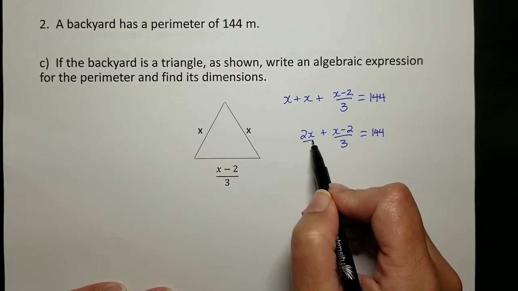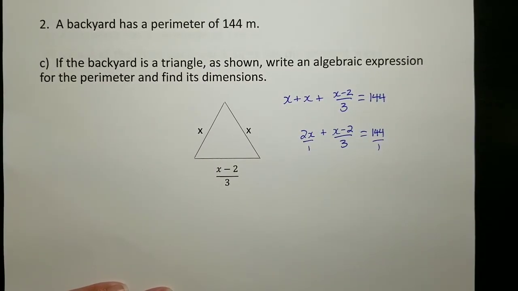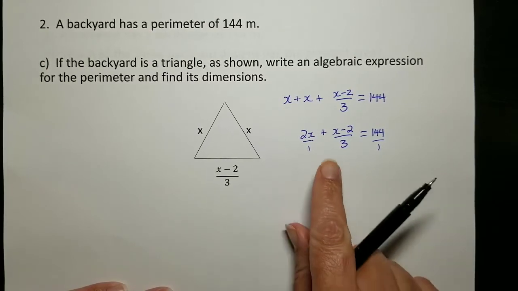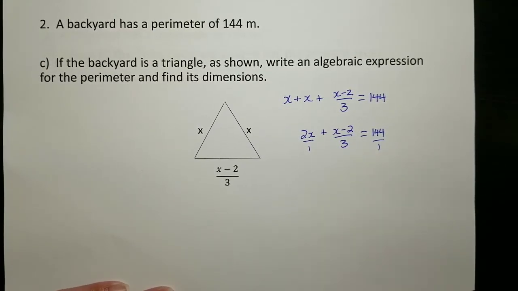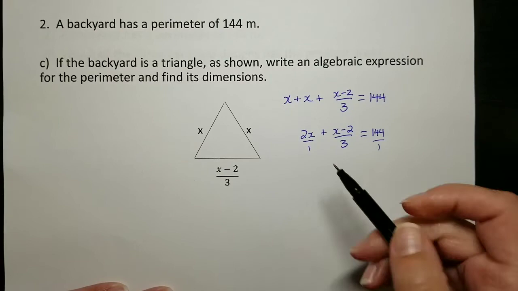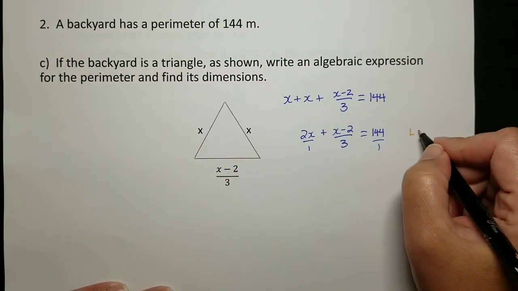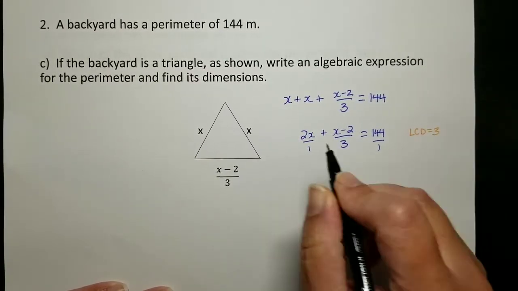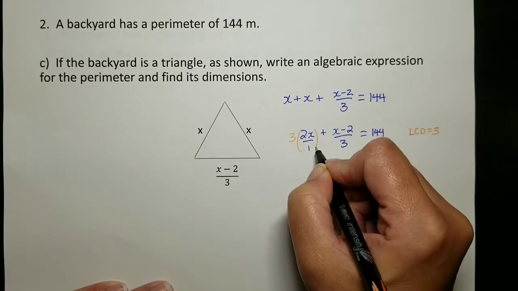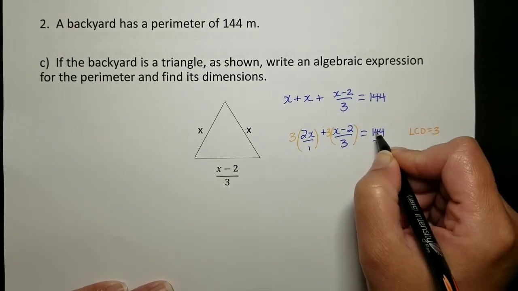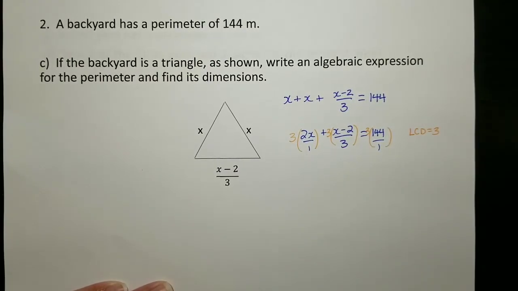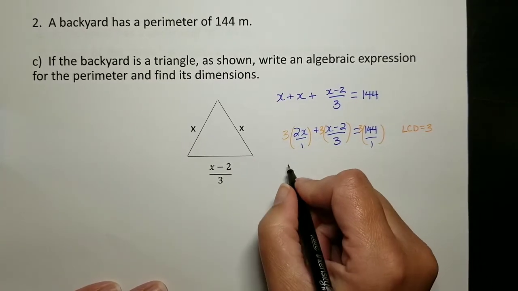Now I'm going to look at the lowest common denominator because I want to solve for x. I'm putting ones on the bottom just to show what the denominator would be, but my lowest common denominator here is 3. So I'm going to multiply a 3 out front of each of those terms in my equation.